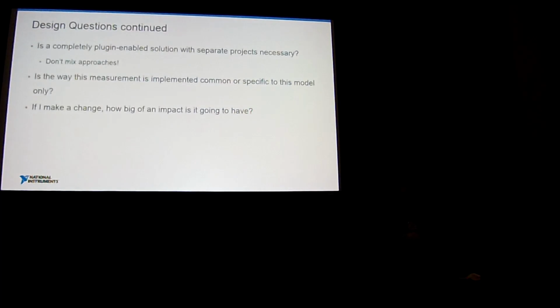More questions to ask? Do we need a completely pluggable solution with separate projects for everything, or is that all-in-one idea sufficient for us? Generally, software engineering best practice is to use separate projects, the separated method of those functions.